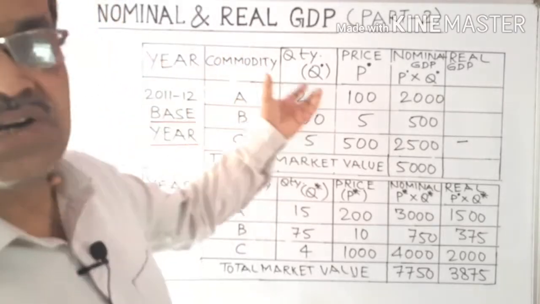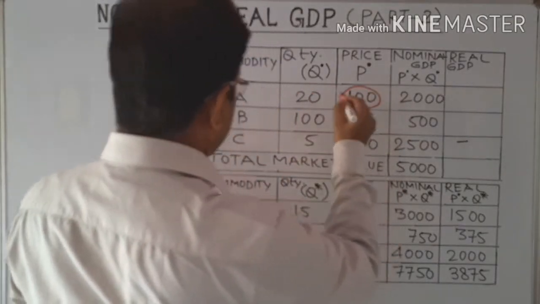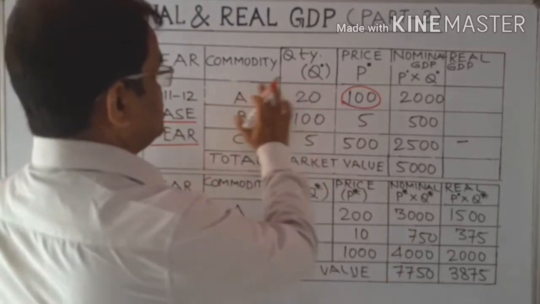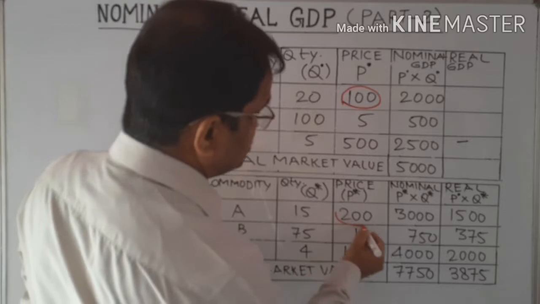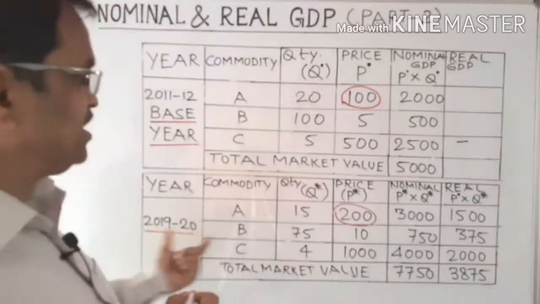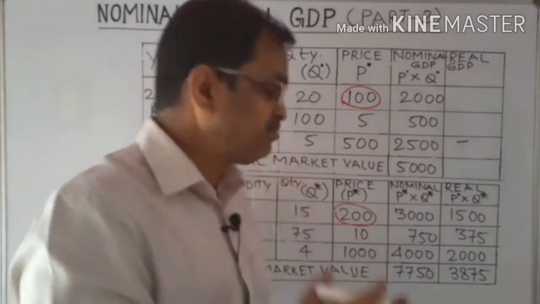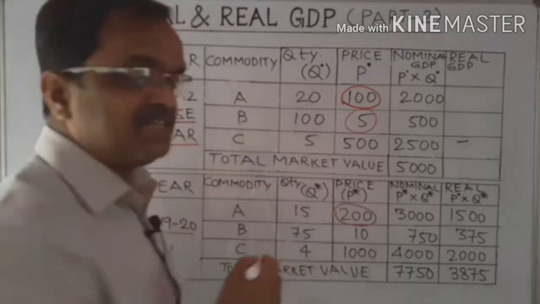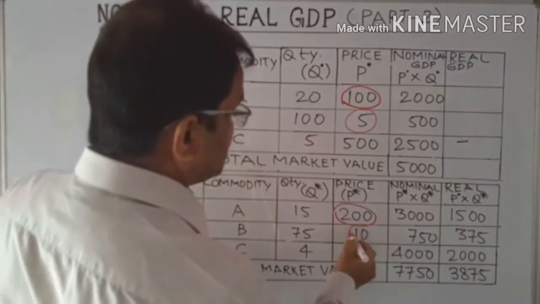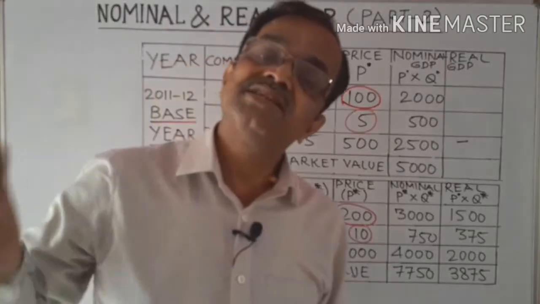What is observed from this schedule? The price in 2011-12 for commodity A was 100 per unit, but in 2019-20 it is 200 per unit. That is, it has doubled. Similarly, the price of commodity B is 5 rupees per unit, whereas in 2019-20 it is 10 rupees per unit. Again it has doubled.